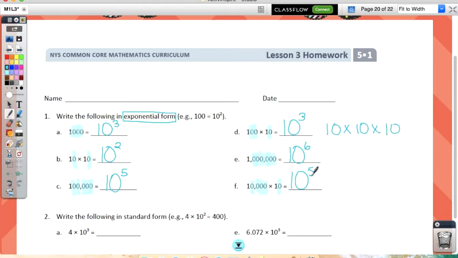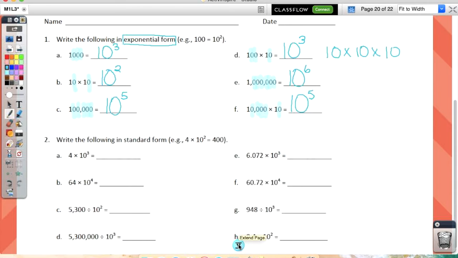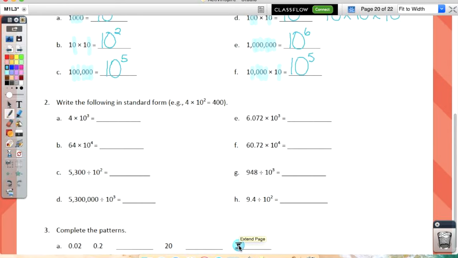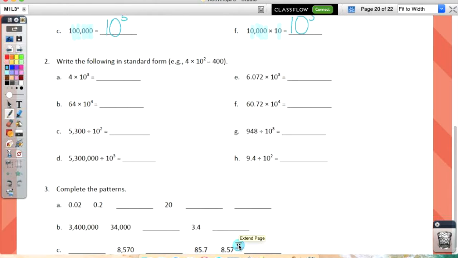Now it gets a little tricky, but not too tricky for us because we have our blank page, we have our zero trick, and we also have our decimal trick, right? Yeah. So we can handle this. Now I'm looking at A through D right now. All eyes up here on the board for a minute, okay? A through D, I notice they each start with a whole number.